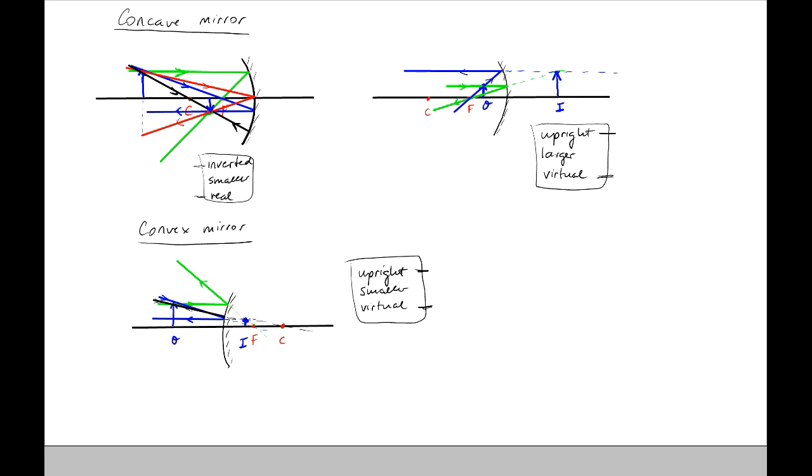That is always the case when you're dealing with one mirror or, later on, one lens. If you have a combination of mirrors or lenses, that's no longer true. But for one mirror or one lens, if you have an upright image, it is virtual. If you have an inverted image, it is real. So that's just a little trick to remember.